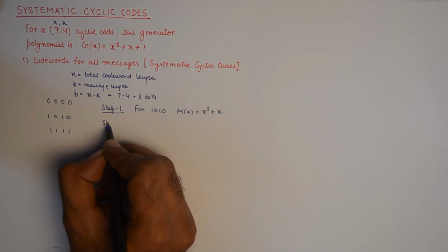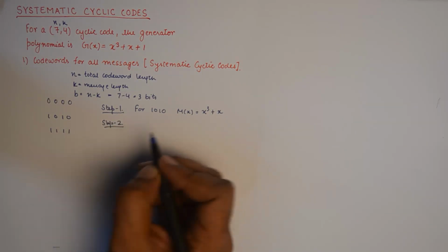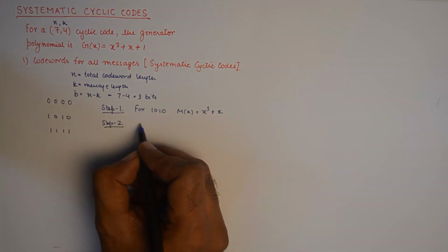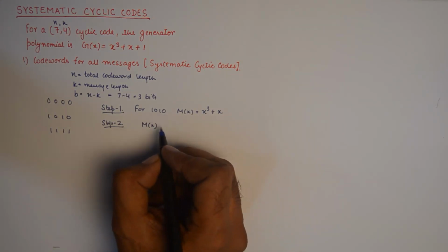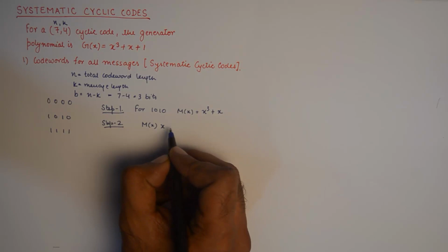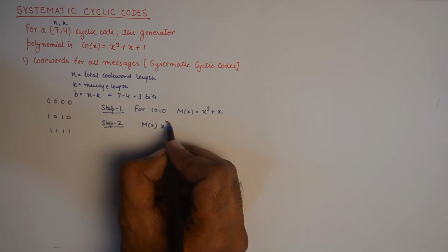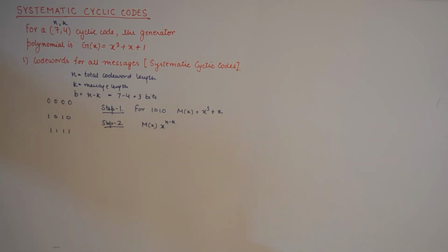Step number 2 will be to multiply m(x) with x raised to the power n minus k. So we get a term like this.